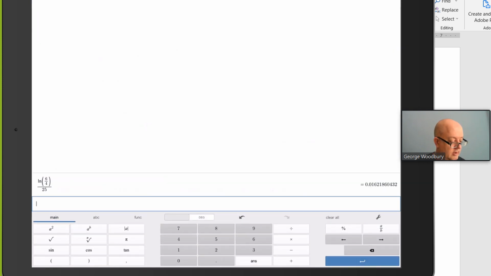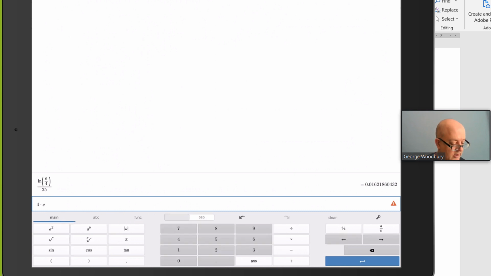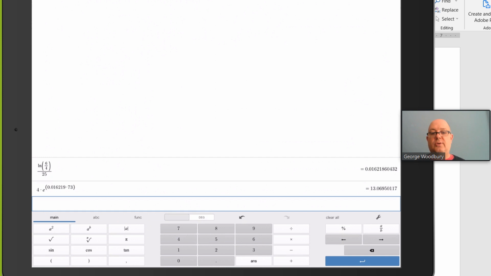On the next line, 4 times function e to the x, and our exponent was, in parentheses, back on the main screen, 0.016219 times 73. And when we press enter, we get 13.069.